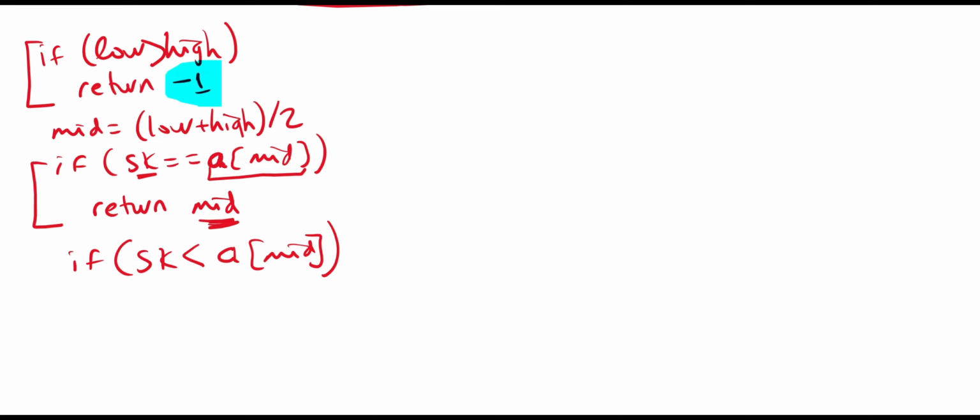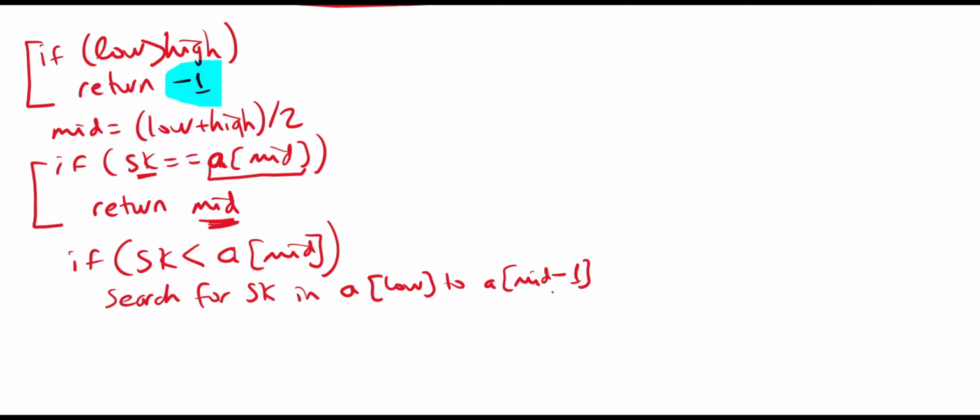I need to search for the search key in A from low to mid -1. So what happens here?